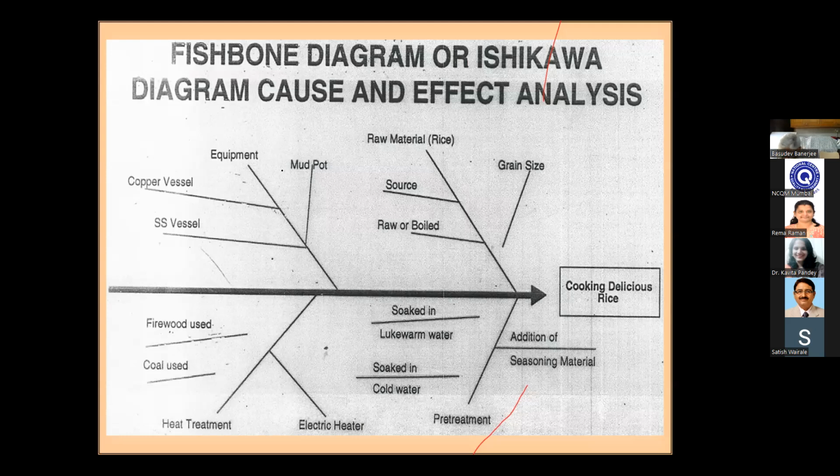I want 5 volunteers to tell me the weightages. What will you give to these 4 factors? So the total is 100. Don't give 25, 25, 25 and all that.